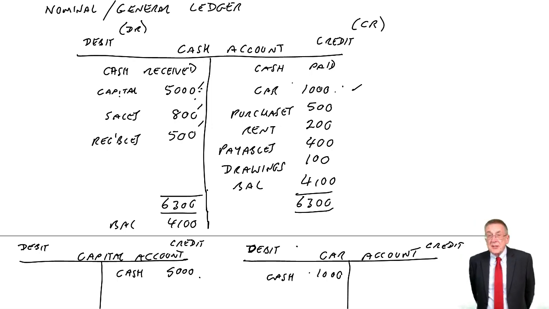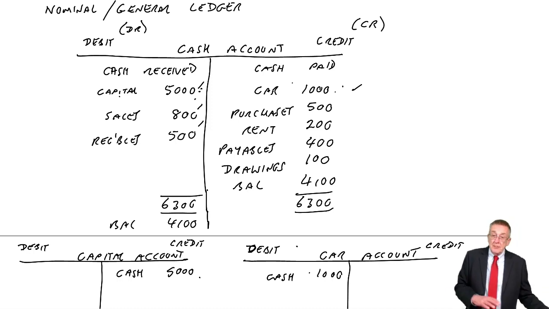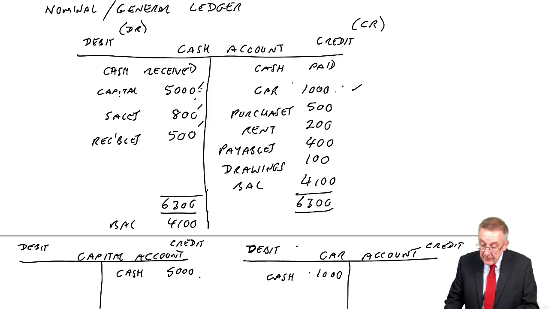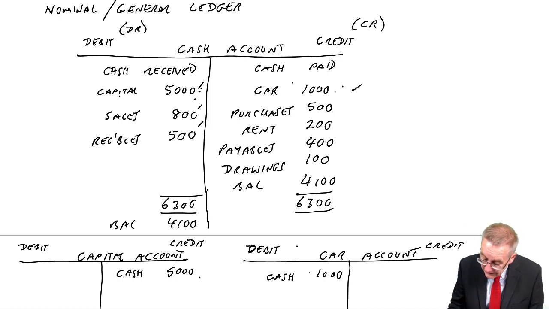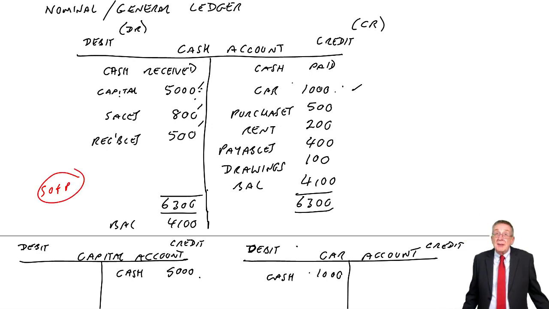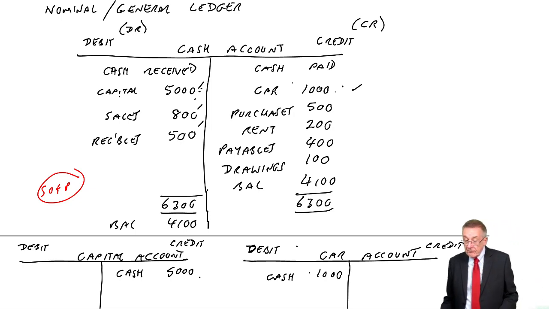And so next year, we'll use the same T account. There'll be 4,100 there. And next year, there'll be more cash, less cash, and the balance will change. But because it's an asset, and it'll appear in the statement of financial position, and we've still got the asset, we simply leave the balance there. We don't do anything. Leave it there. Use the same T account next year.